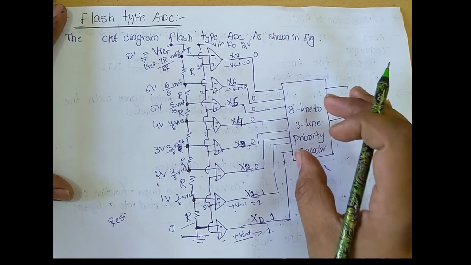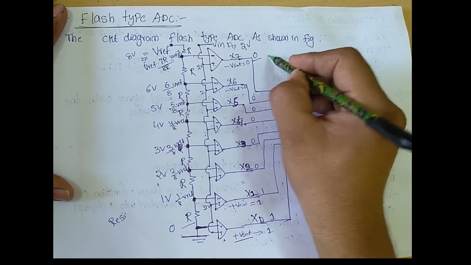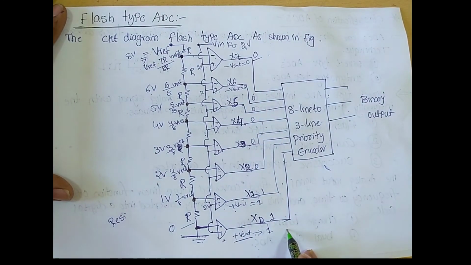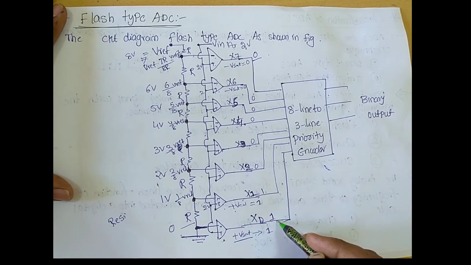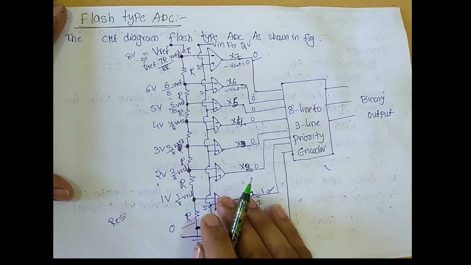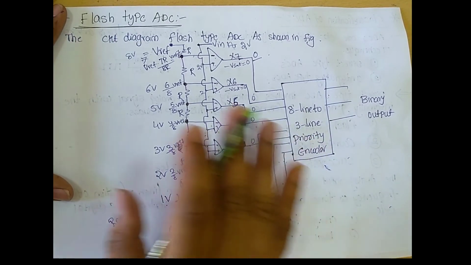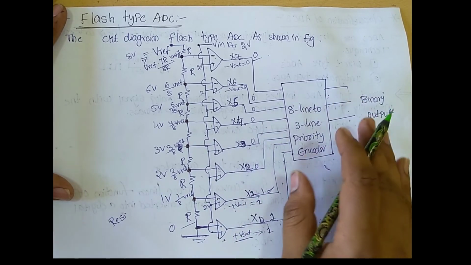In this 3-bit priority encoder, this output is the highest priority, and this output is the least priority. So here coming to these two comparator outputs, here we have logic 1, and here we have logic 1, but this priority encoder gives the most priority to this bit. With respect to this bit, it will provide the digital output. Okay, so in this way, with the help of this flash type ADC, we will get the digital output signal.